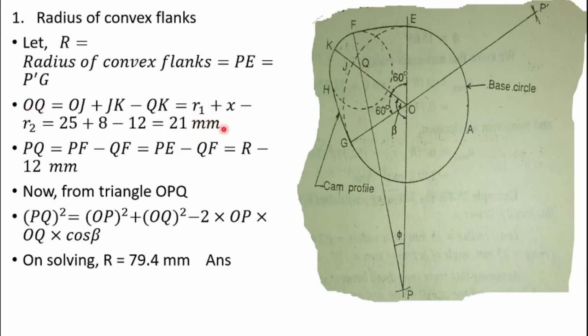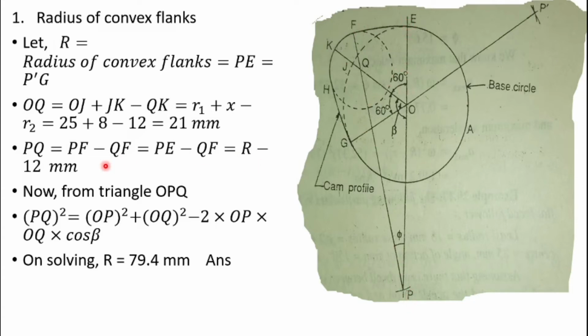Now similarly we calculate PQ. From the figure geometry we can see that PQ is equal to PF minus QF, and PF is equal to PE, which is the convex flank radius.